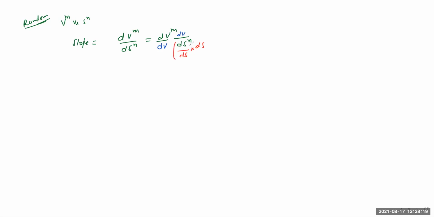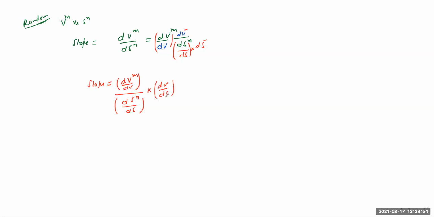Because I can differentiate this and I can differentiate that, and all this writing will not affect the overall structure of the answer. So the slope eventually turns out to be d(v^m) by dv upon d(s^n) by ds, into dv by ds. If you do not understand this much, you can leave this part. It will give you some value.